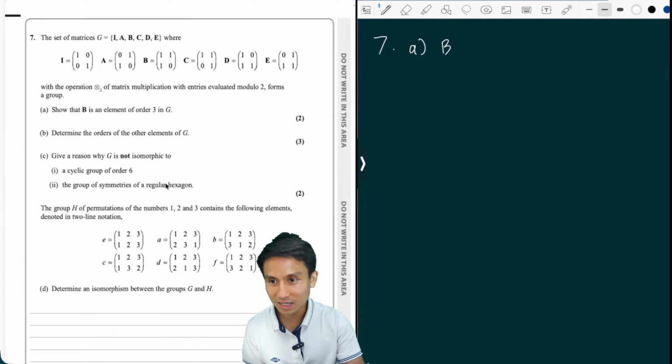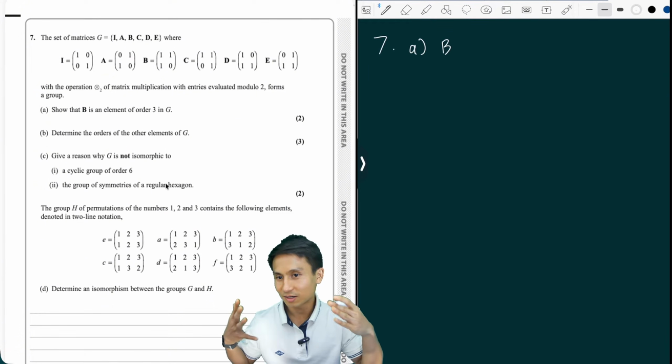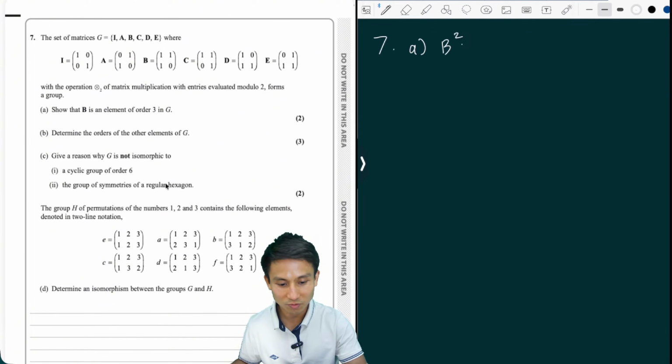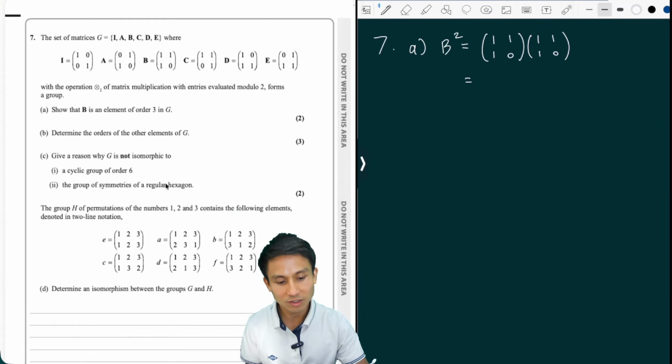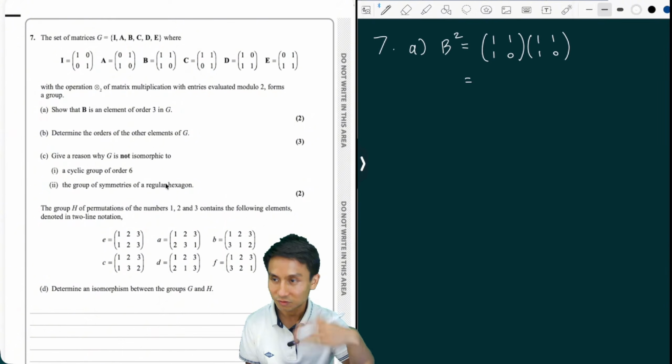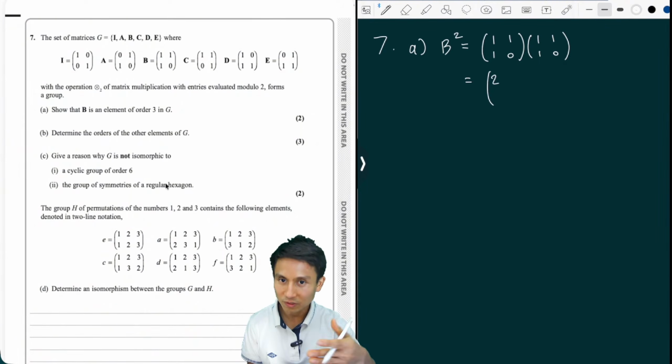So B, well, order of element 3, right? So we're just going to square B. B squared here is just 1, 1, 1, 0, and we're just going to square that. So that's going to give you what? 1 times 1 is 1. I'm just going to do matrix multiplication. So that's 1 plus 1 is 2. I'm just going to write first, and of course, we need to find the equivalent for the modulo 2 here.